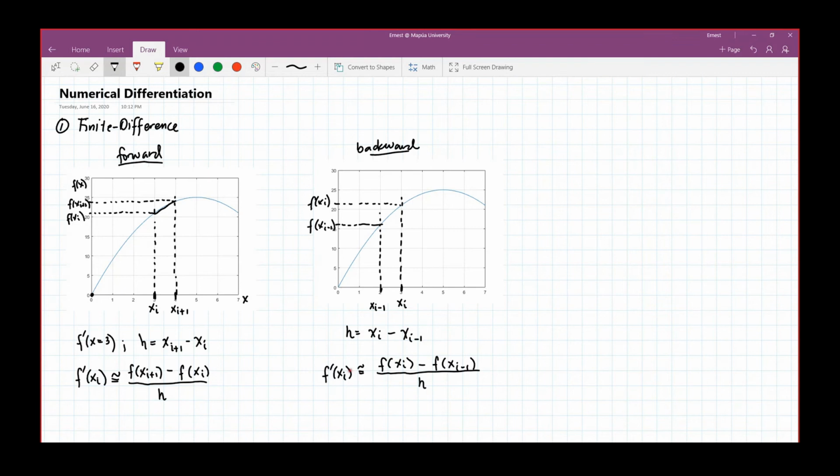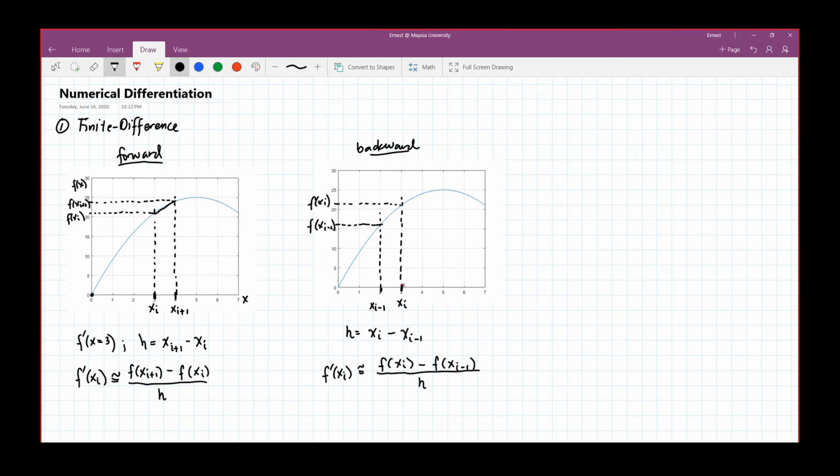As you will notice, if we compare this, the value of your derivative here would be equal to this if your xi plus 1 here is equal to xi here. You get my point? So this is backward difference.